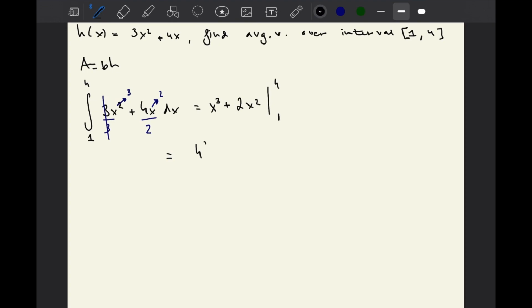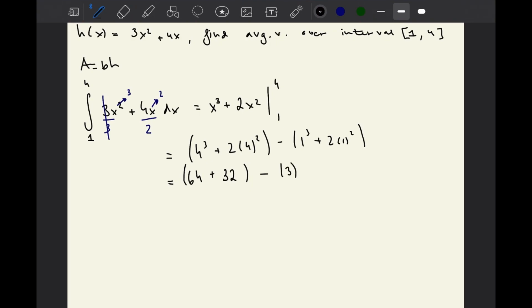So we're going to have 4 cubed plus 2 times 4 squared, minus 1 cubed plus 2 times 1 squared. So this side is pretty easy, but let's do this one first. 4 cubed is 64 plus 2 times 16, which is 32, and then minus 1 plus 2, which is just minus 3. And 64 plus 32 is 96, minus 3.